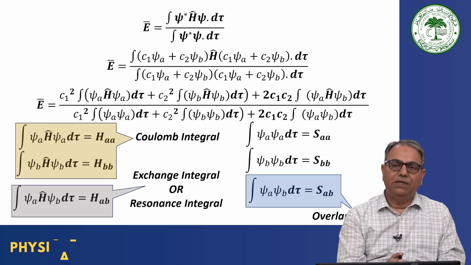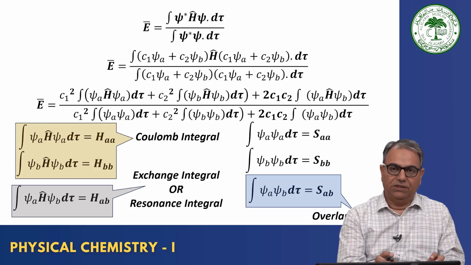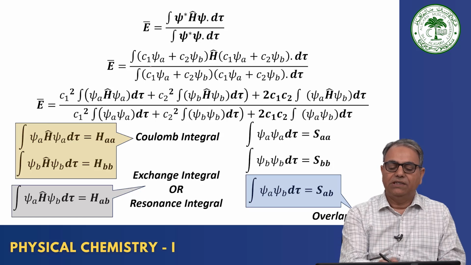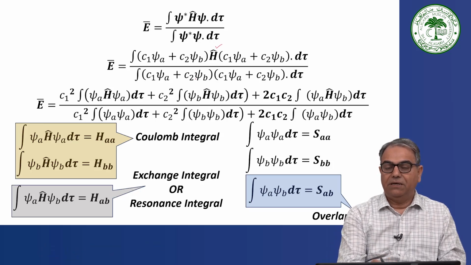The only thing is that the system where you use this variation treatment should be made up of different functions. So here we have two functions, psi a and psi b, and we have written C1 psi a plus C2 psi b, with h, the Hamiltonian, in between. Then the denominator is C1 psi a plus C2 psi b and C1 psi a plus C2 psi b d tau.